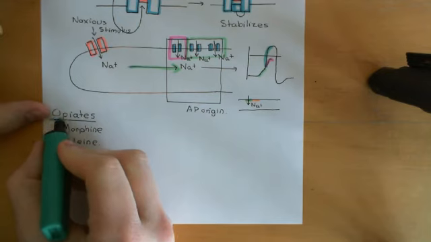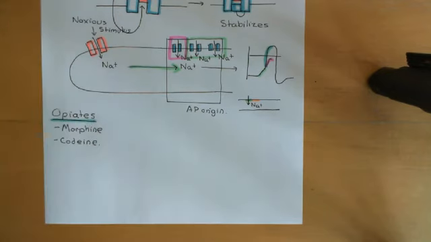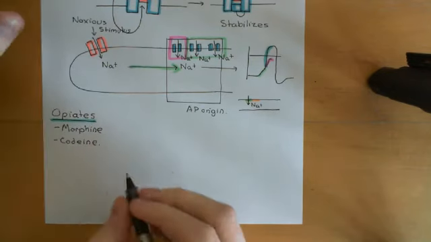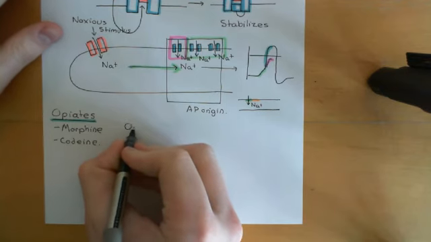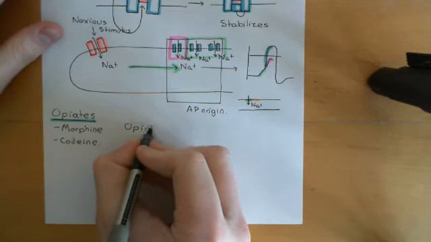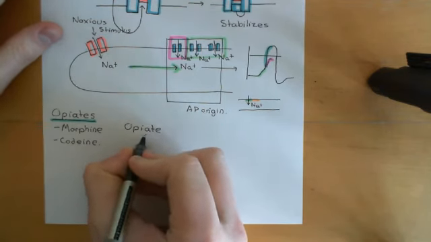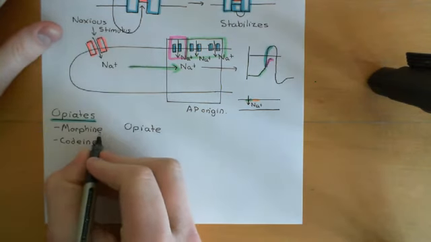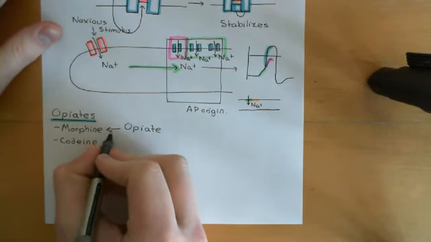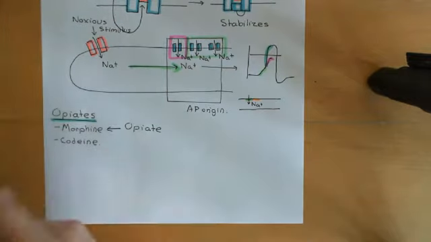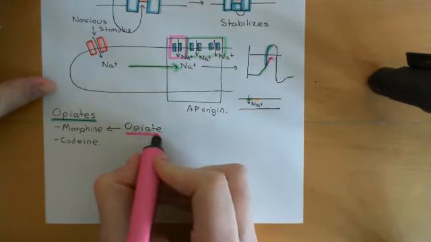Firstly, what's the difference between an opiate and an opioid? An opiate is a chemical definition: an opiate is a molecule that has a similar structure to morphine, so it's chemically based.